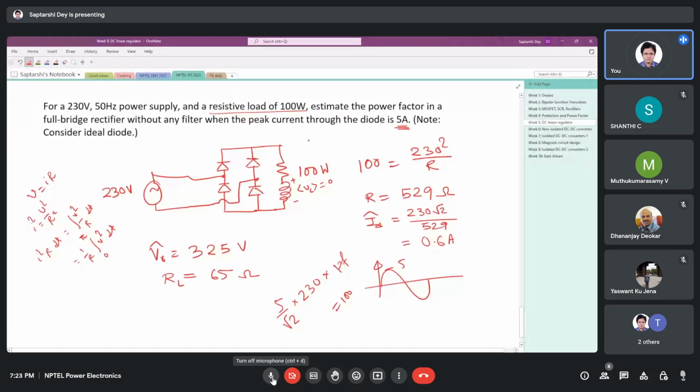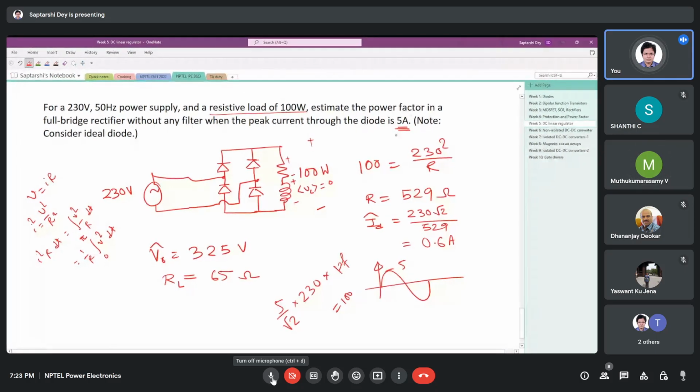So whatever output average voltage you have, that comes completely across the resistance. And at steady state, that only dictates the current. I do not think 5 ampere current can flow.